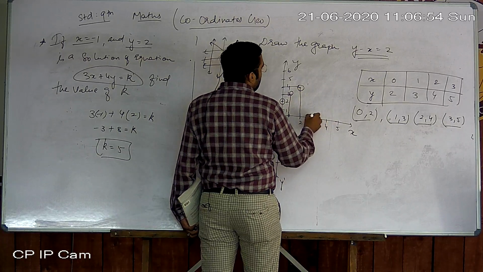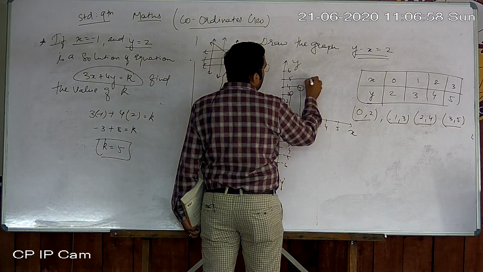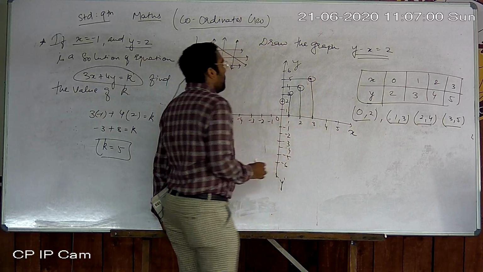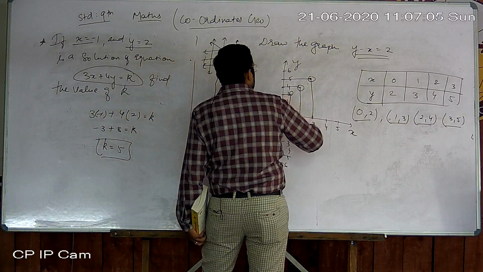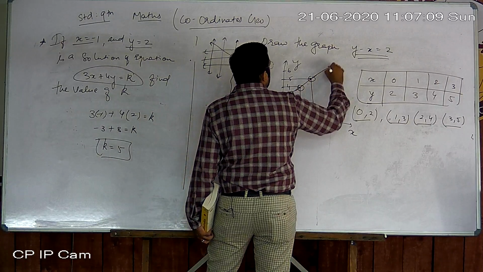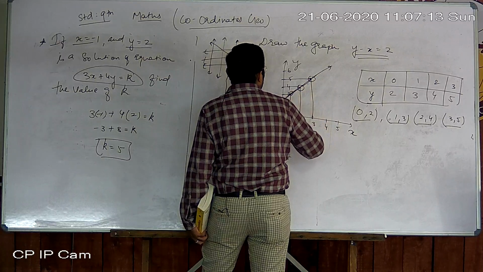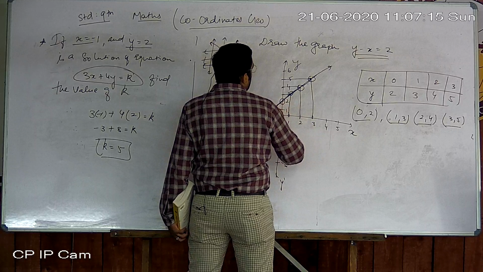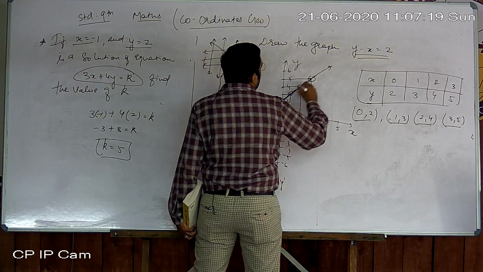Now x equal to 3 and y equal to 5, and the point is located here. By joining these points, I find the formation of a straight line in this graph.